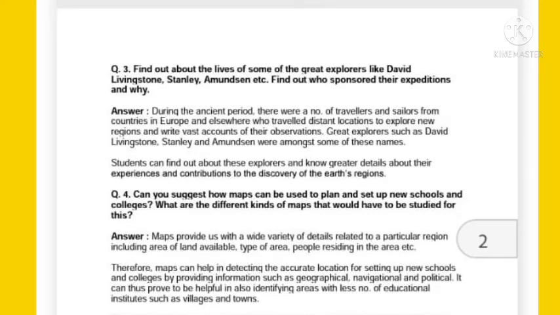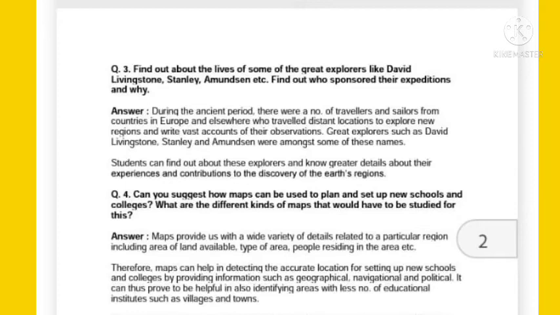Find out about the lives of some of the great explorers like David Livingstone, Stanley, Amundsen, etc. Find out who sponsored their expeditions and why. Answer: During the ancient period, there were a number of travelers and sailors from countries in Europe and elsewhere who traveled to distant locations to explore new regions and write vast accounts of their observations.